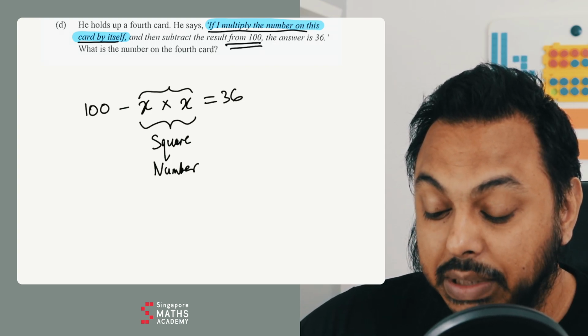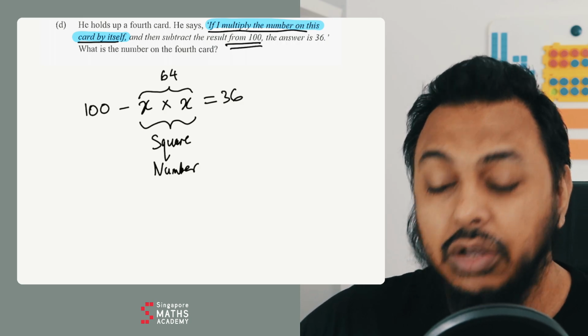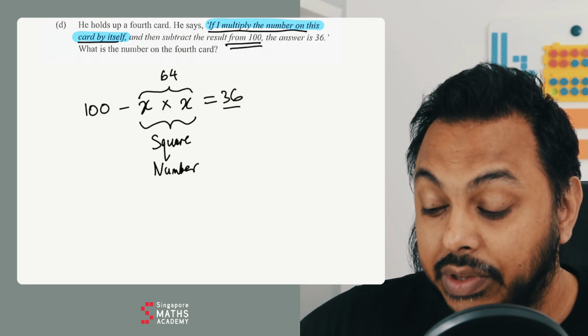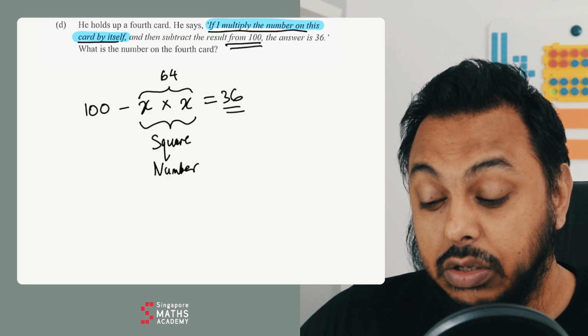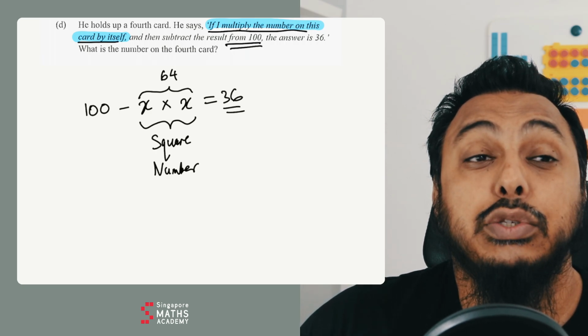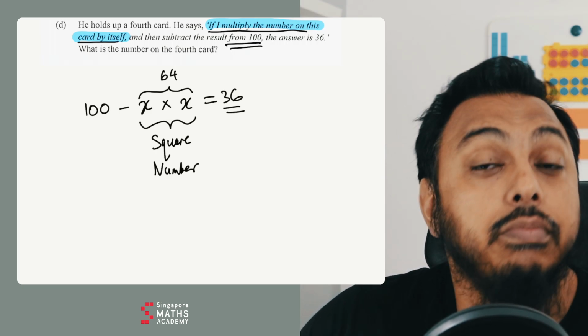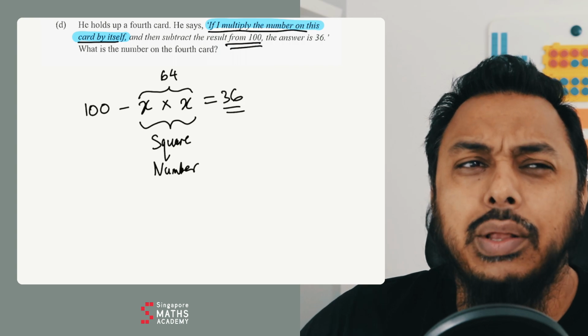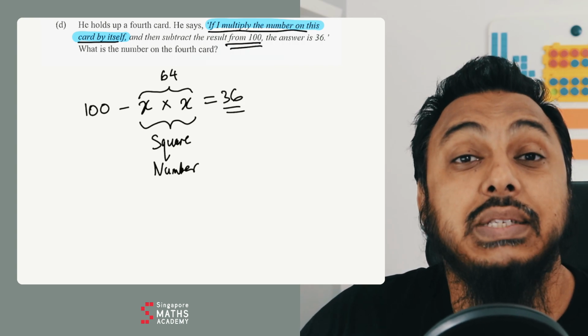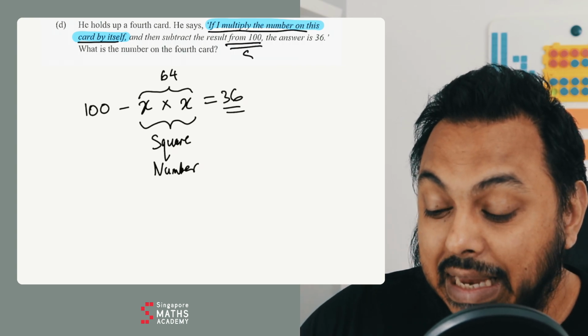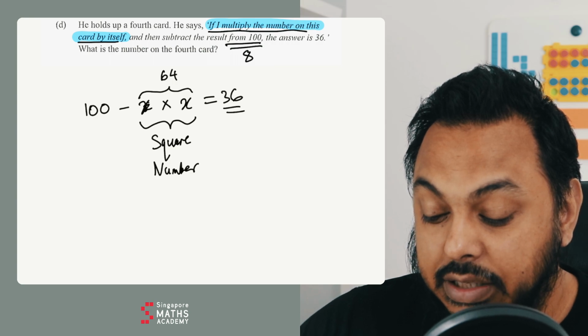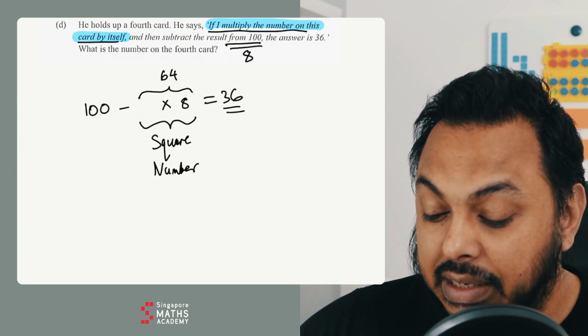This part must be 64, because 100 take away 64 gives me 36. So that fourth card must be a square number, which is 64. And then what number multiplied by itself gives me 64? It must be 8, right? 8 times 8 gives me 64.